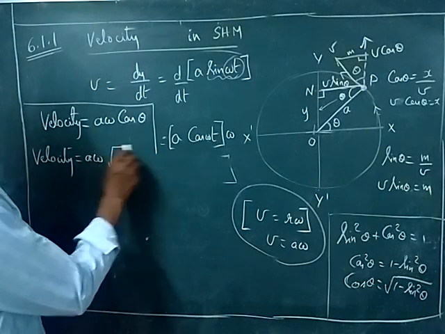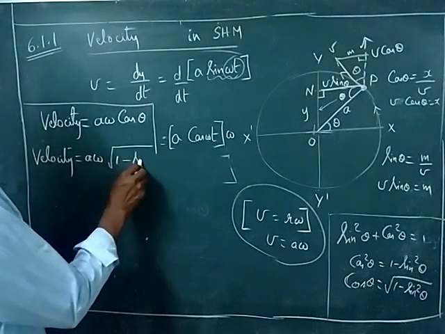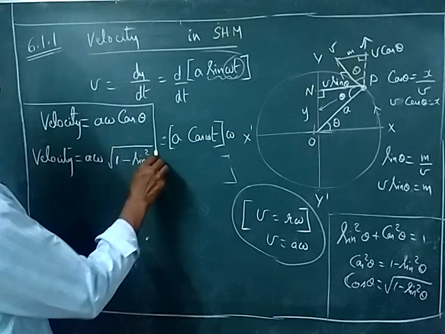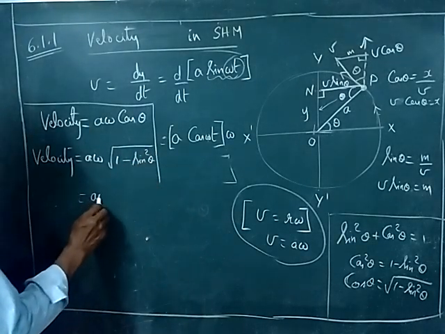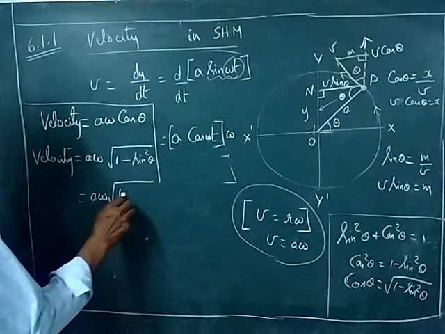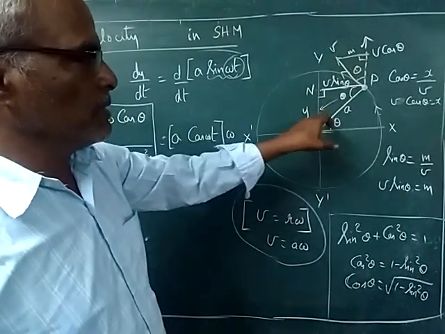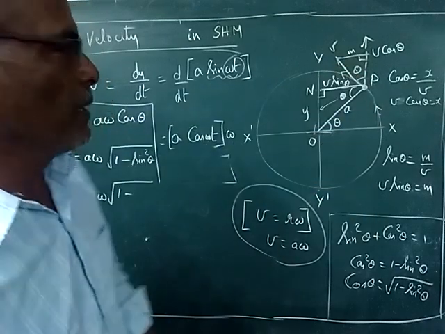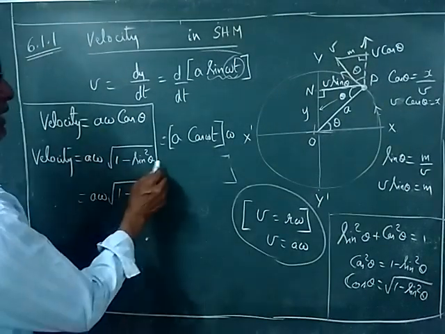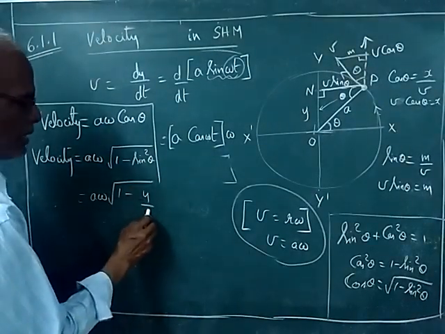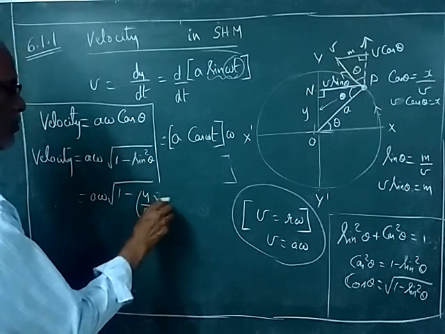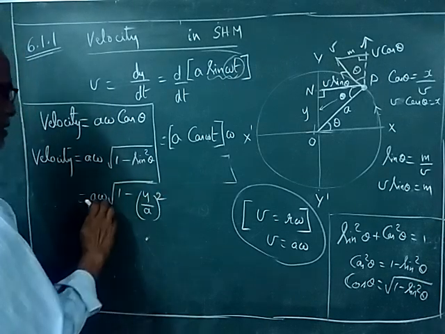So a omega square root of 1 minus, if you see sin theta, the opposite side is y, hypotenuse is a. Therefore, sin square theta is y by a the whole square. Everything is under root.